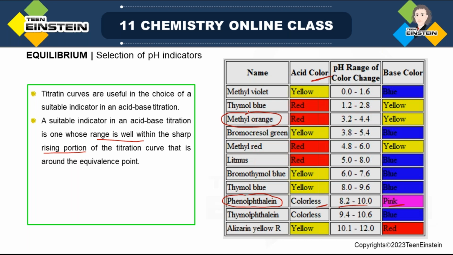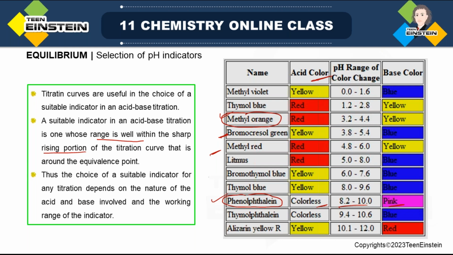Now 3 to 4 examples, try to remember at least, that is methyl orange, phenolphthalein, obviously these two. Then another one is bromocresol green, methyl red. So these are some of the examples that if you remember, it is better because questions related to these indicators come. Okay.